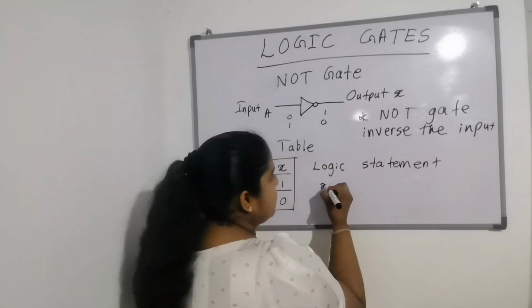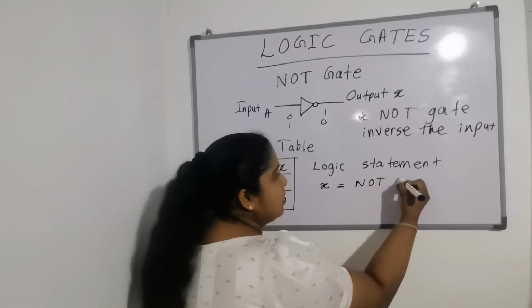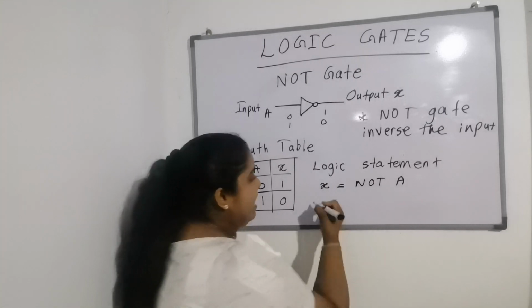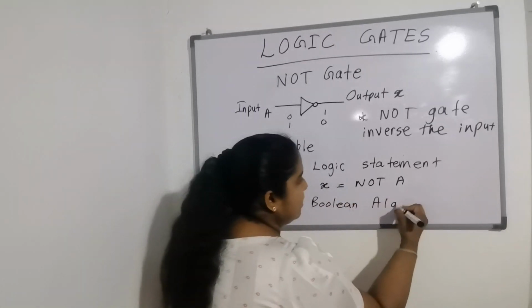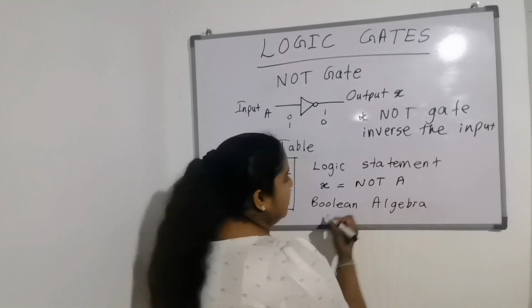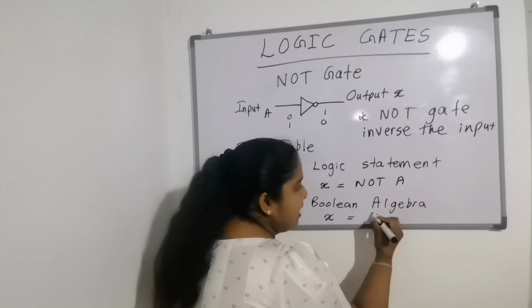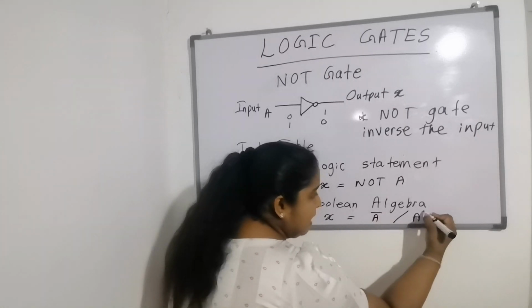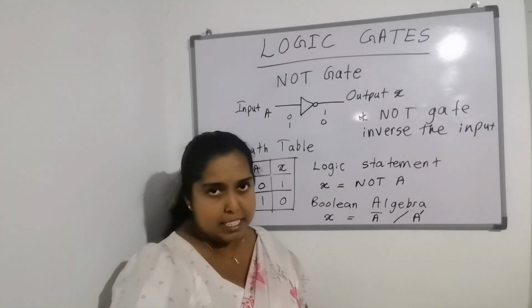In here we can say output X equals not A. Then the Boolean algebra. Output X equals A inverse, or else you can draw it like this. You can write like this, A inverse. Both methods accurate and accepted.